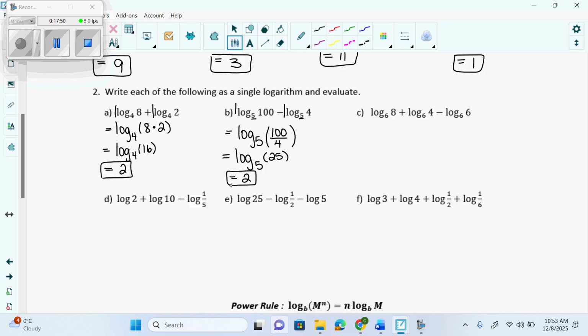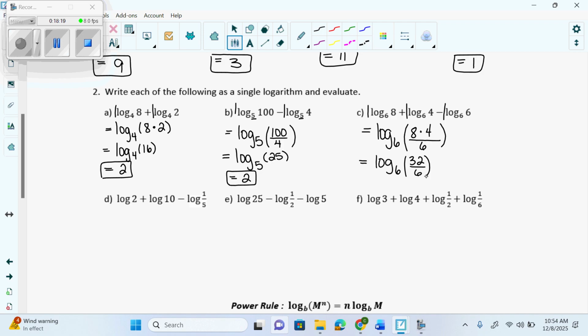Can I go for example? Yeah. So we're going to get log base 6. This has a plus 1 in front, minus 1 in front. So I'm going to get 8 in the numerator, 4 in the numerator. When I have more than one thing, I multiply them. And a 6 in the denominator. So I'm going to get log base 6 of 32 over 6. Which can reduce, or we can just type it in at that point, doesn't really matter.